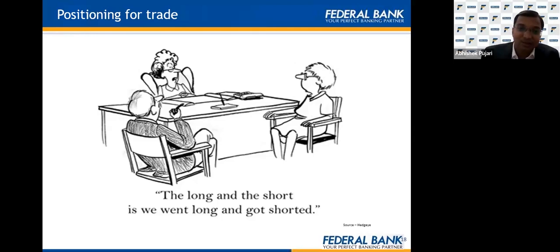As these guys are discussing, after taking a trade, they went long and the market shorted on them. So even after doing all fundamental, technical or quant analysis, there is a probability that your trade may go wrong because of certain technical issues in the market. So let the market commit to you before you commit to the market.